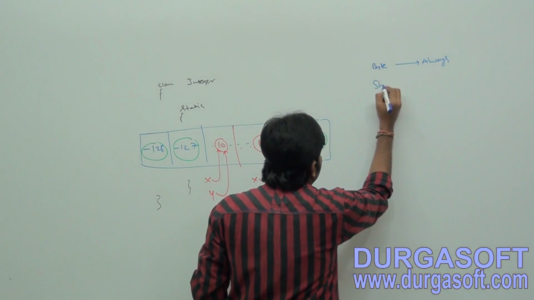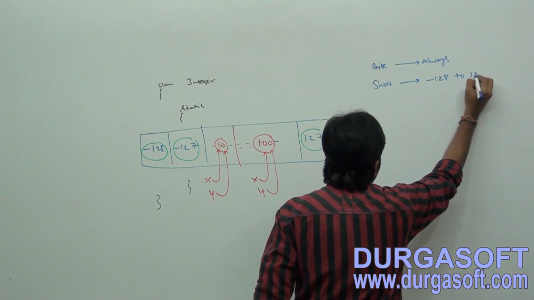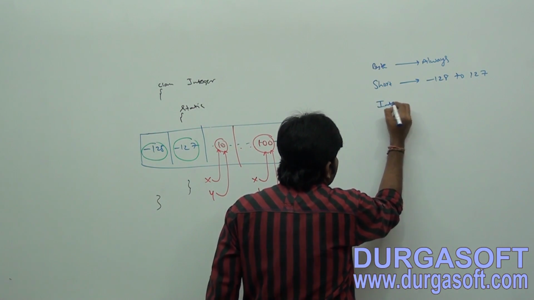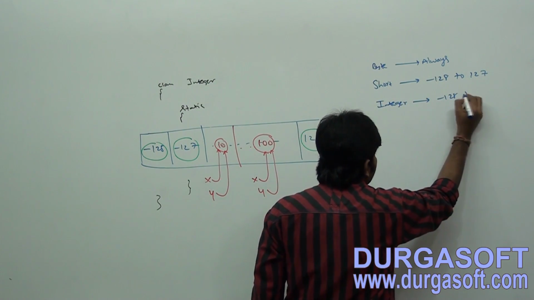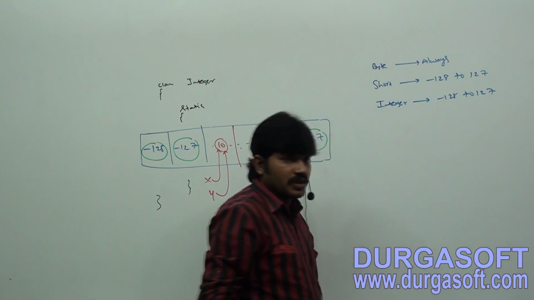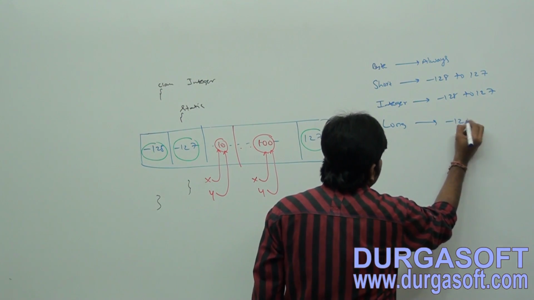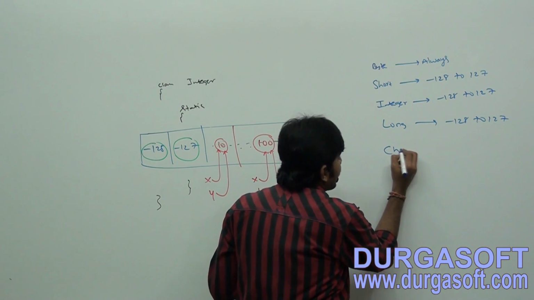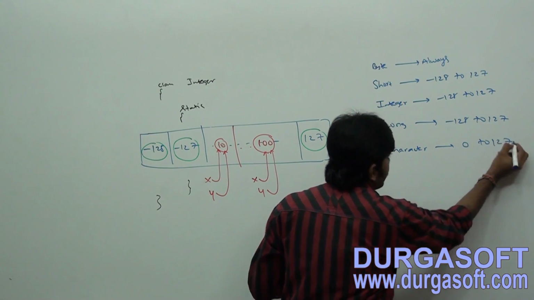If it is a short, minus 128 to 127. If it is an integer, minus 128 to plus 127 only. If it is a long, minus 128 to plus 127. If it is a character, 0 to 127.